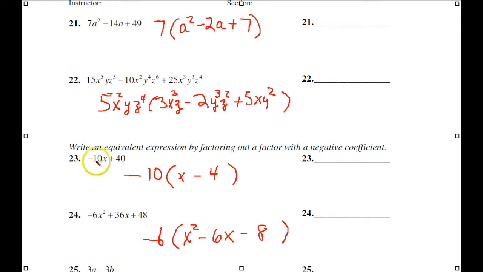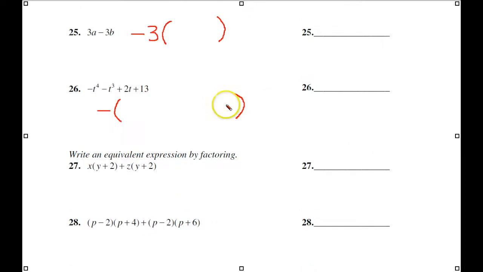This technique down here is particularly useful in later chapters where you have to take a negative something out so that what you get in your parenthesis is what you're looking for. And you'll see that as we go on. Now in these next two, we see here in 25, there is a common C, but we want to take out a negative 3.